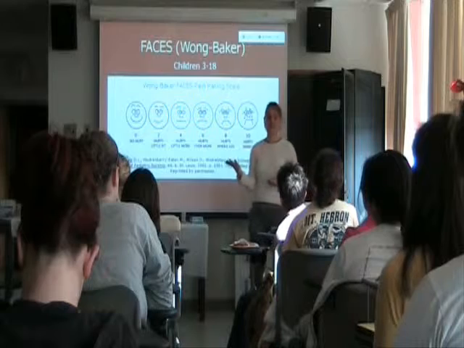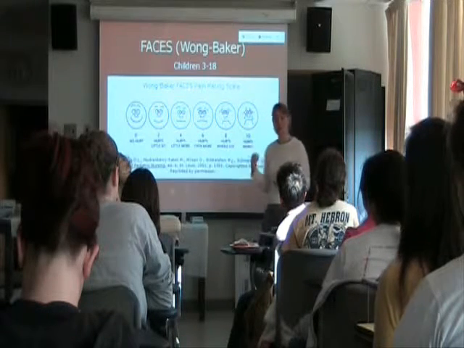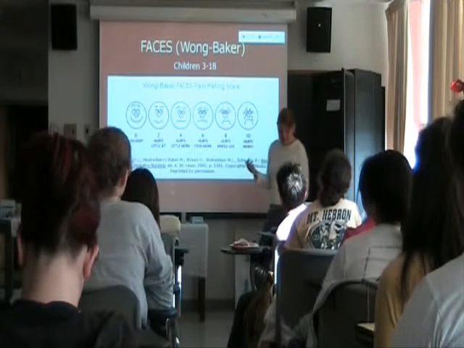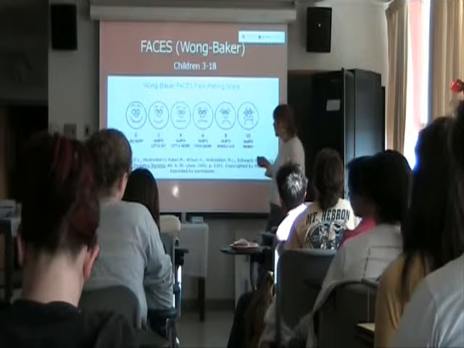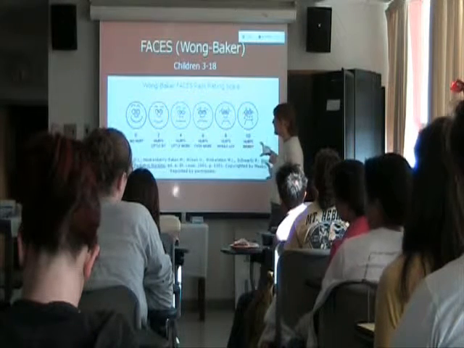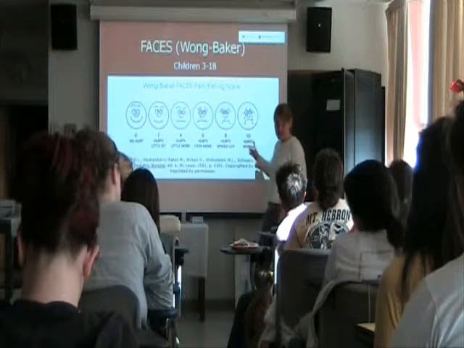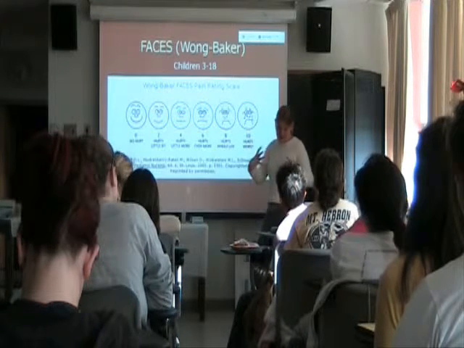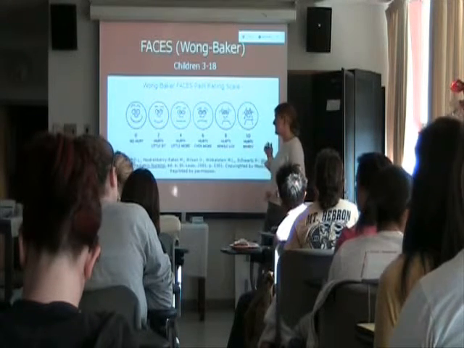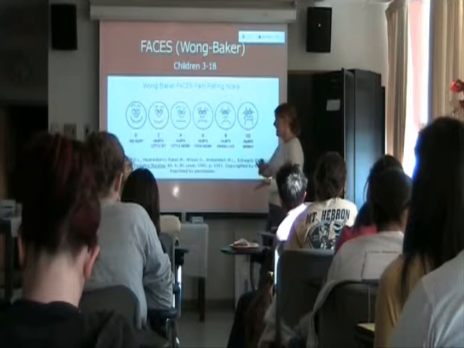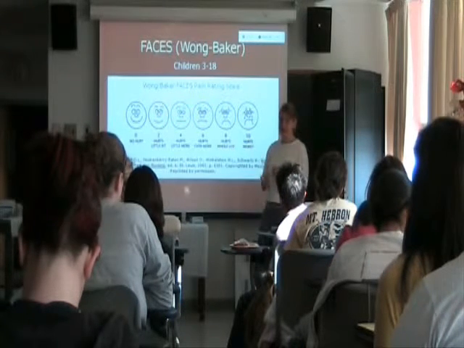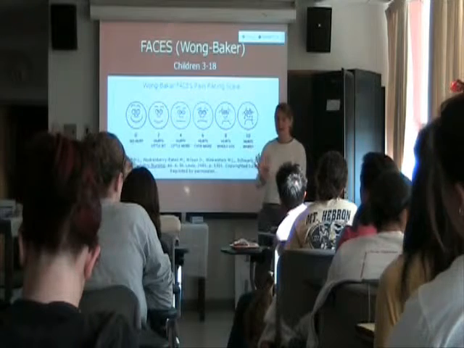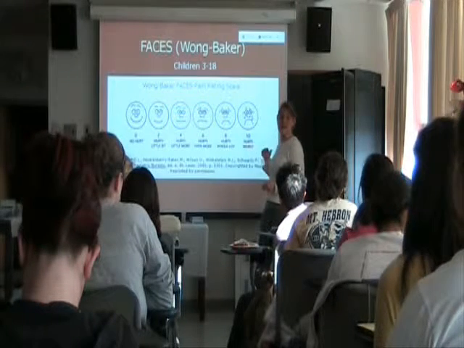We try to make sure that there's evidence to help us when we're using tools to evaluate things like pain. This particular scale has been evaluated as both reliable and valid, and children prefer this. In one study of African American children and all of the groups, the African American children and the white children preferred this to several of the other scales that they tried using.